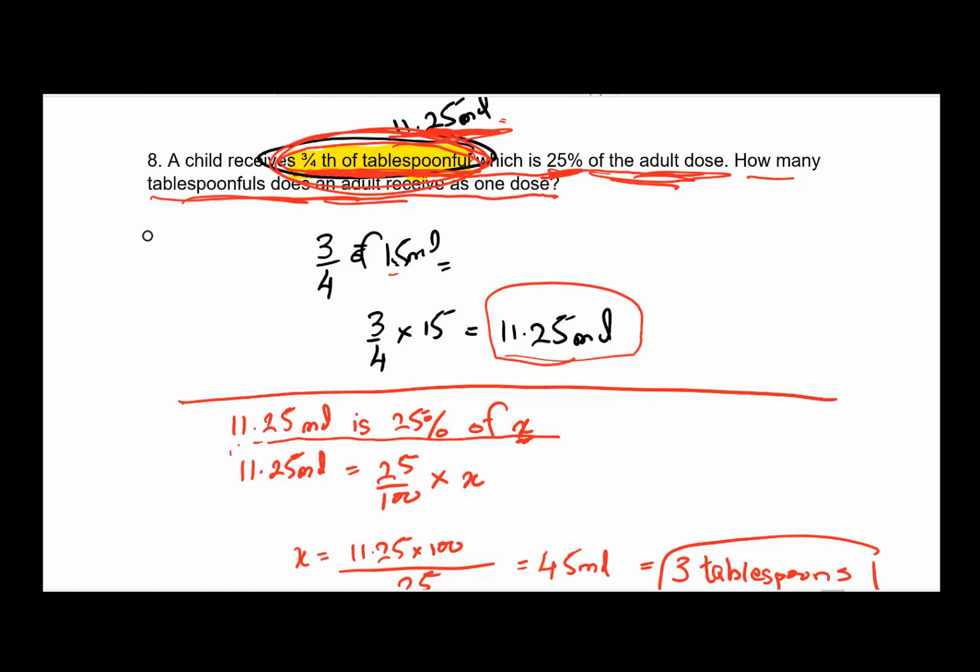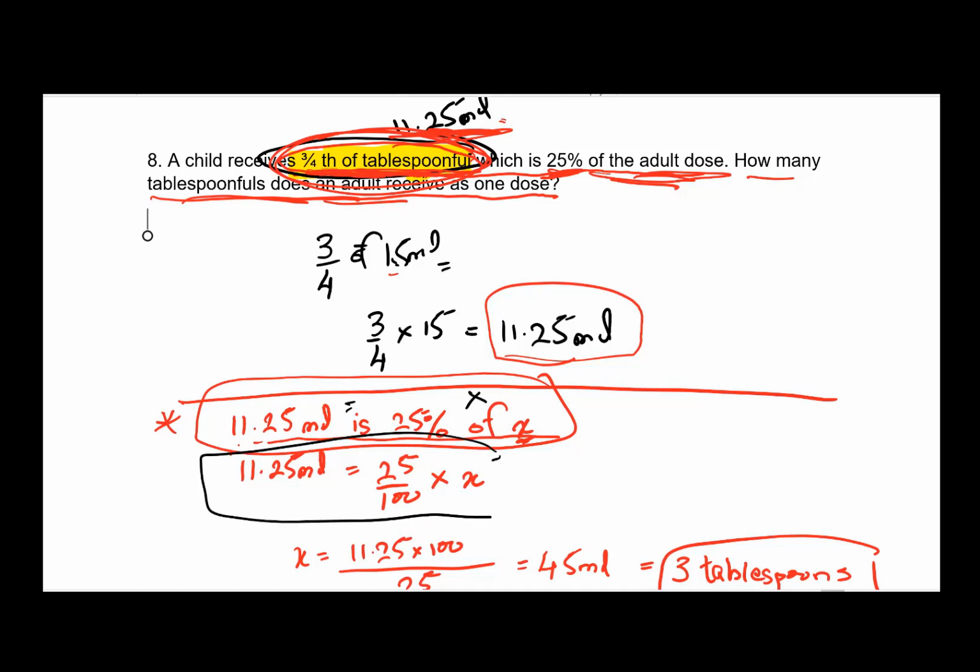So just solve that. 11.25 is equal to 25 divided by 100 times X. When I write something like this in a statement, remember that "is" will become "is equal to" and "of" will become multiply. So I've written 11.25 mil is 25% of X. So 11.25 mil is equal to 25 divided by 100 times X, and then solve this equation for X.